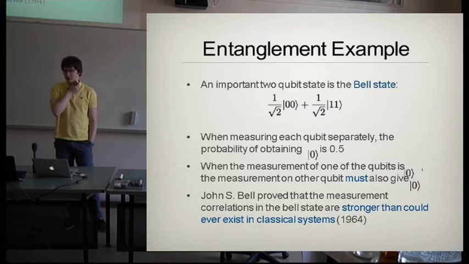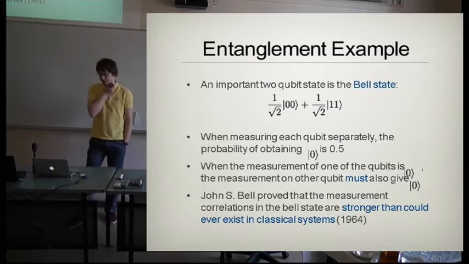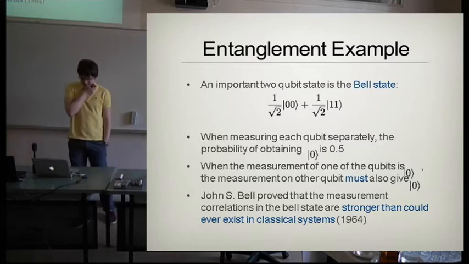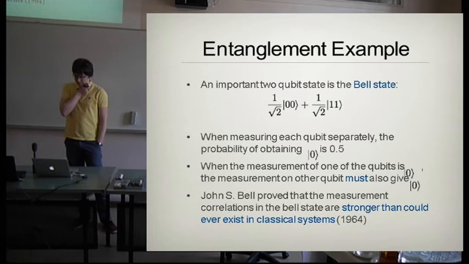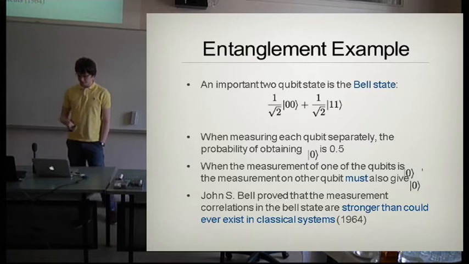But if we measure one of the qubits 0, the other qubit has to be 0 also. And this is an important state since a while ago Bell showed that this correlation is stronger than possible classically.